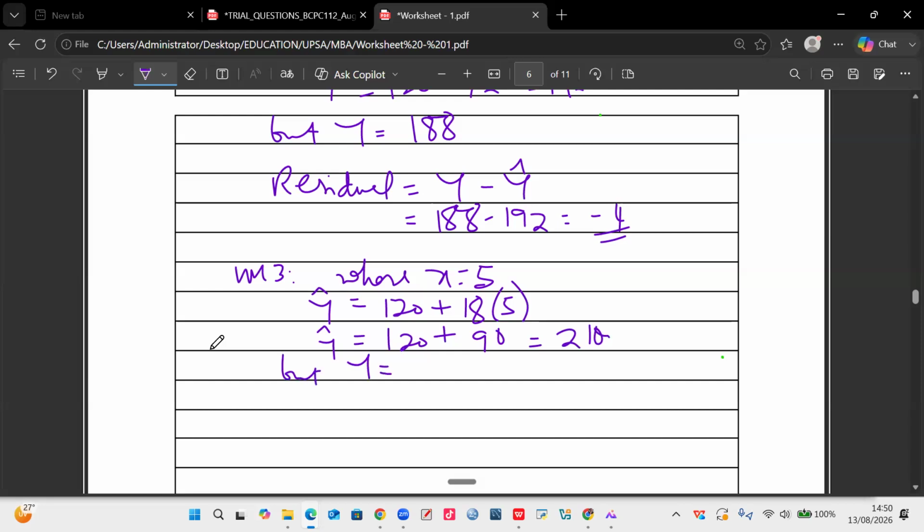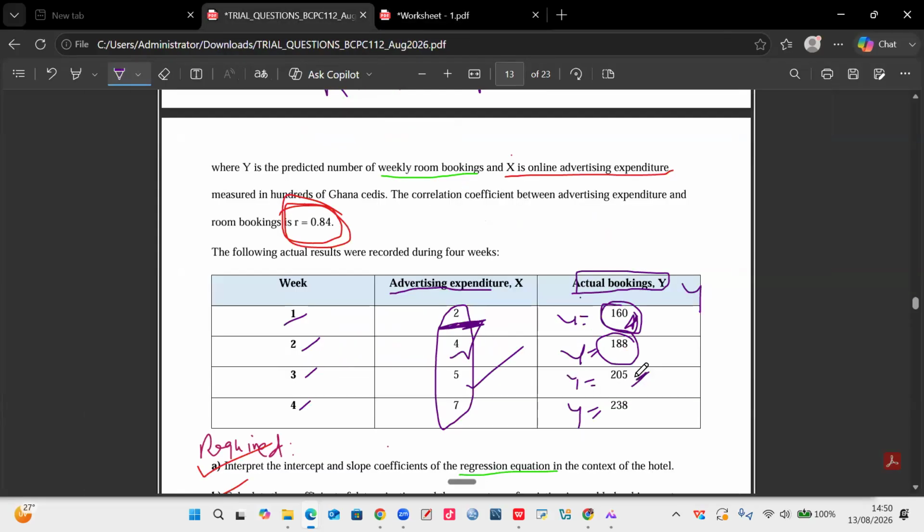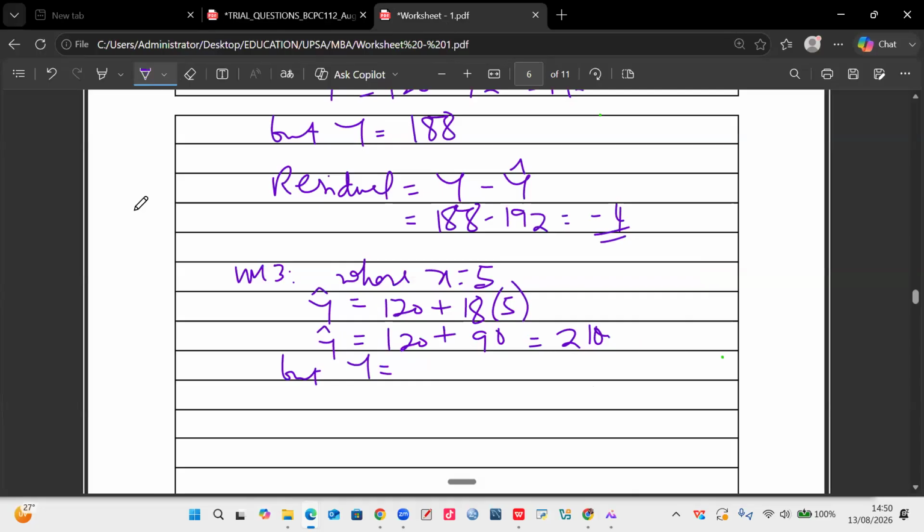But the actual y for week 3 is 205. So the residual is 205 minus 210.